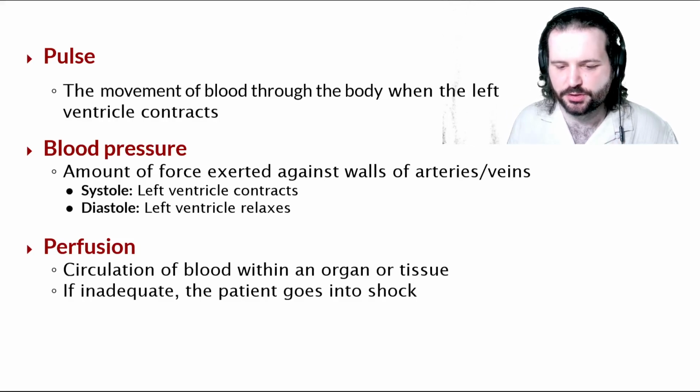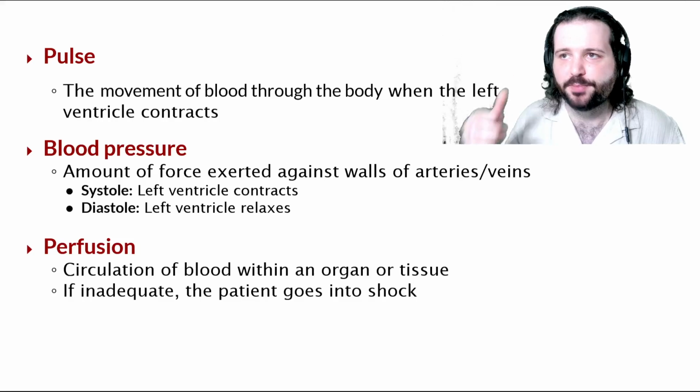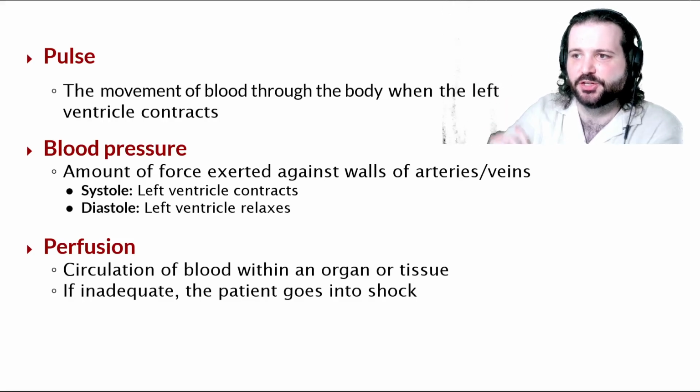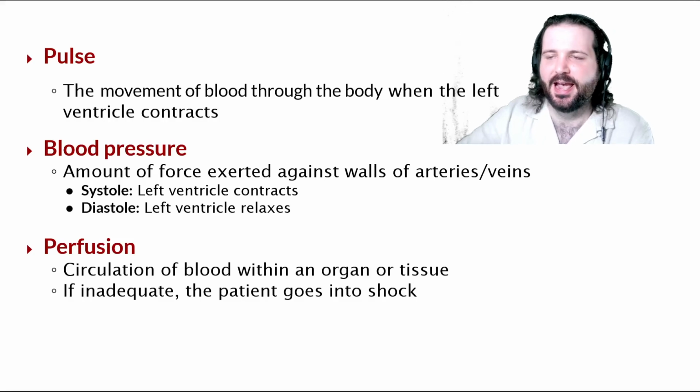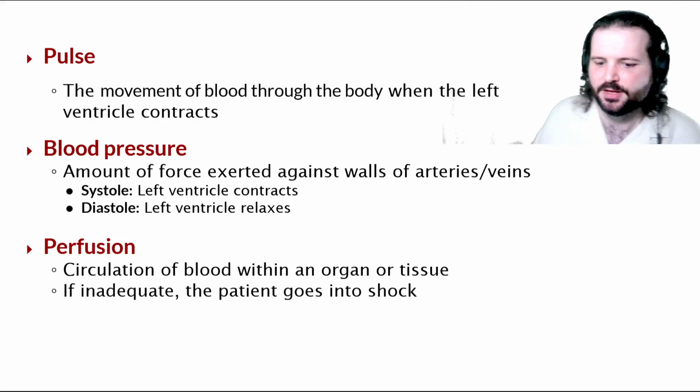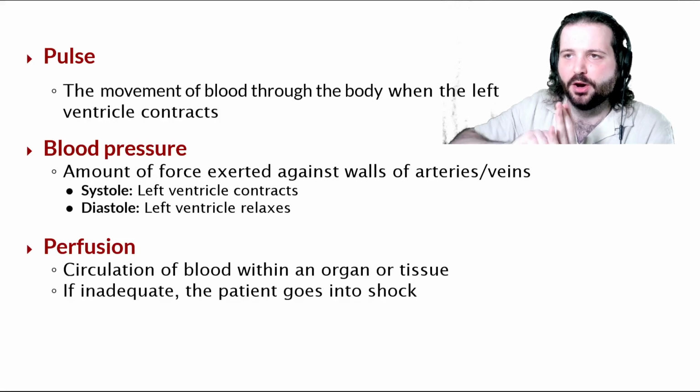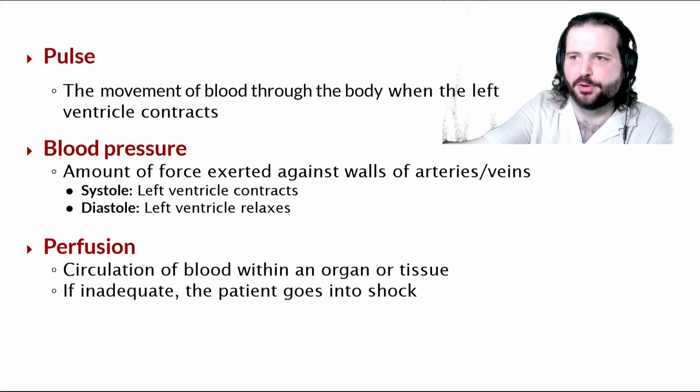So how you essentially check a blood pressure is you pump up that cuff until it's really tight. And so you turn off the circulation in that arm essentially, and then you start to relieve the pressure by opening up the valve, and you listen for that pulse to come back.